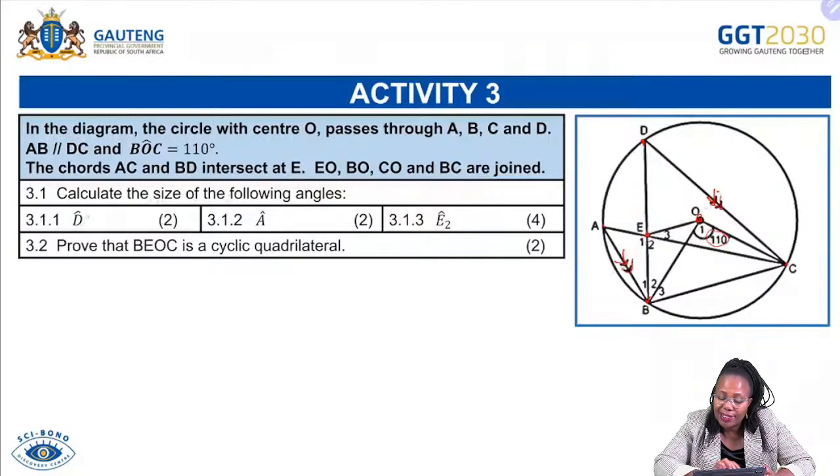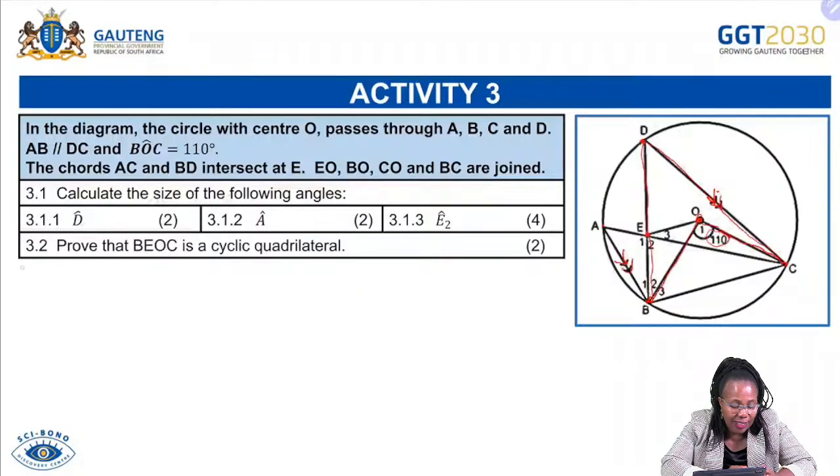We want angle D. Remember, it's from known to unknown. If you look at D, that is the center angle, center circumference. D is at the circumference, to center O. Can you see that theorem, grade 12? I've just highlighted it in red.